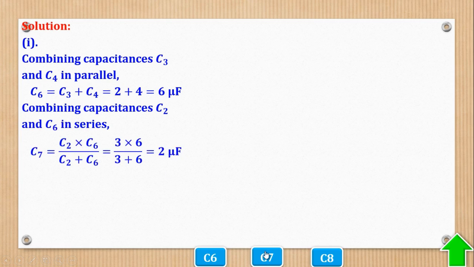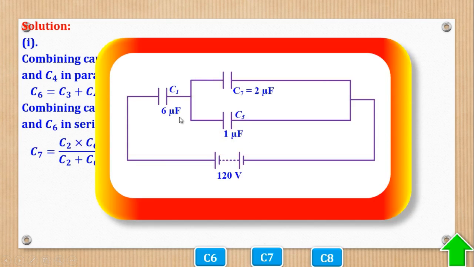So when I combine the two, now the outcome will be this. Remember, here there were two capacitances, but now we have combined them into one. Now you realize that this and this are in parallel, because at this point charge will divide or split.